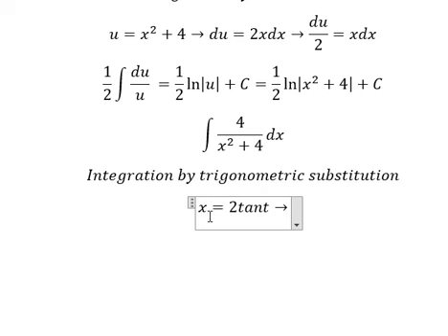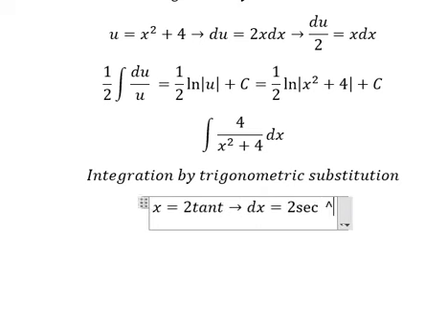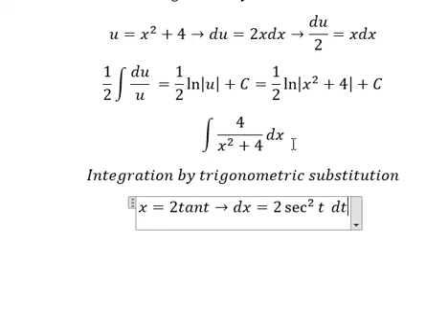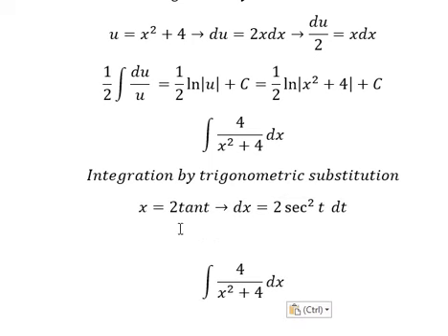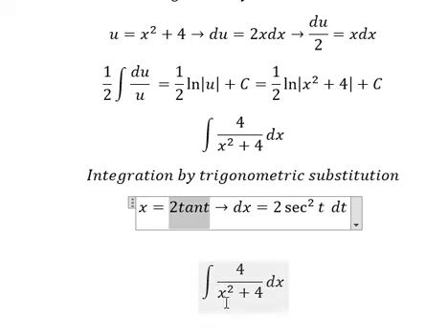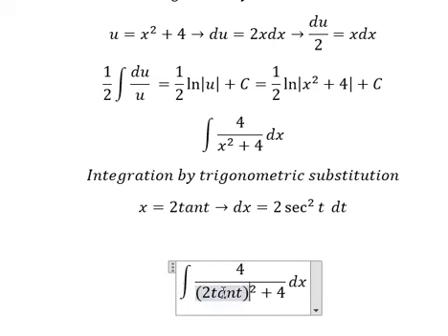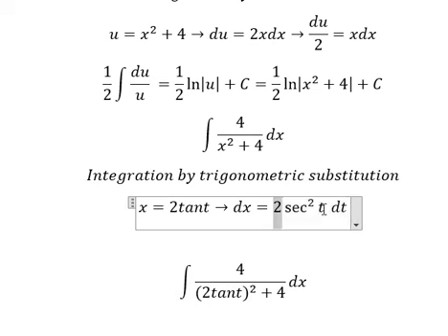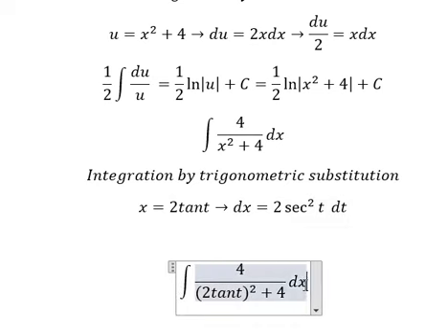So we need to first take the derivative of both sides, and we have it like this. I will put this one in here. dx we change for this one.